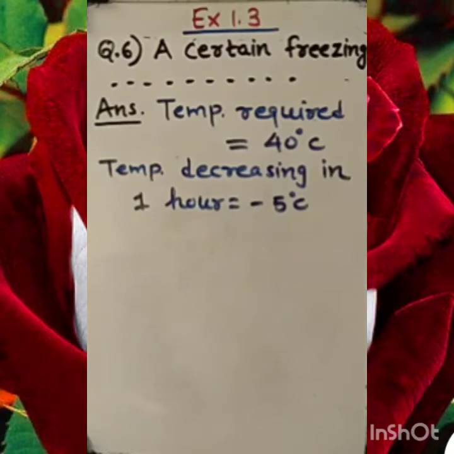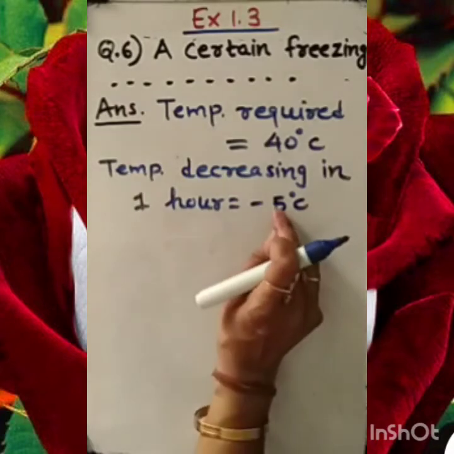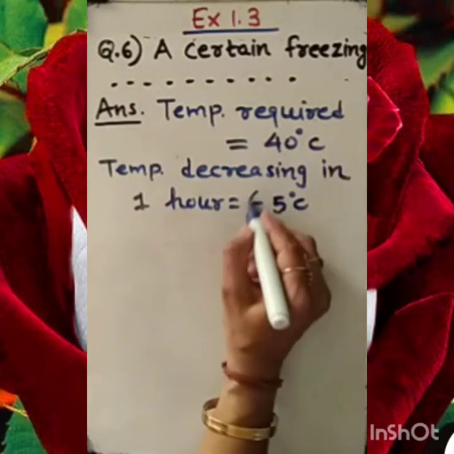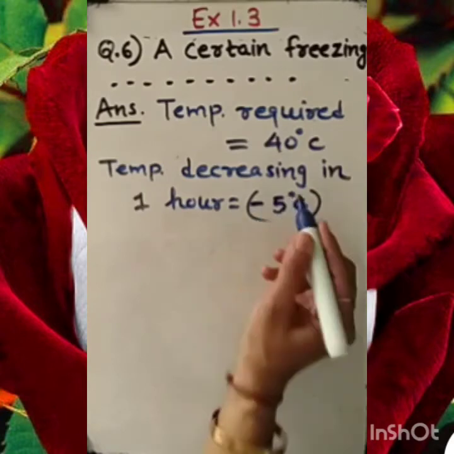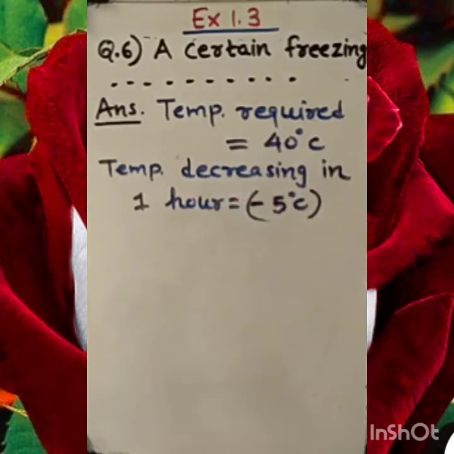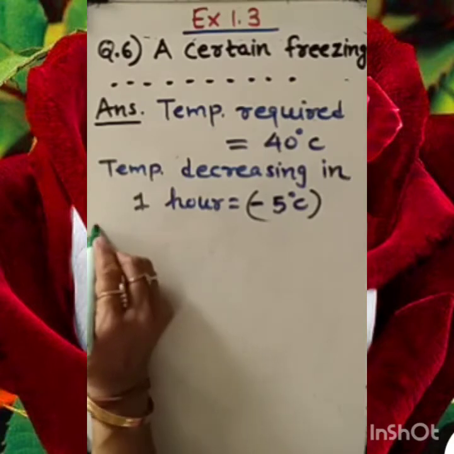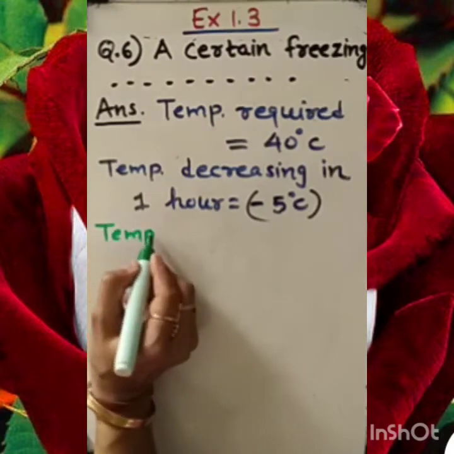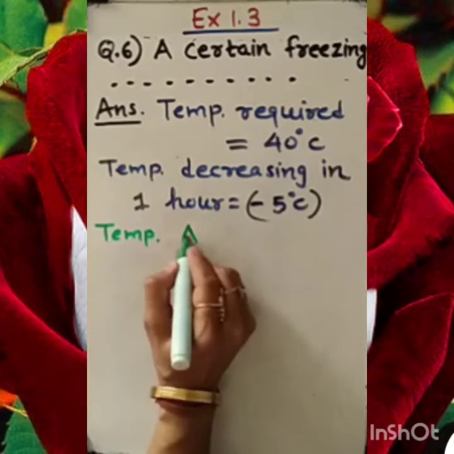It is decreasing and it is becoming minus 5 degrees Celsius in every 1 hour. Decreasing means coming down. So the question is, what will be the temperature after 10 hours? Okay, so we need to find here the temperature after 10 hours.